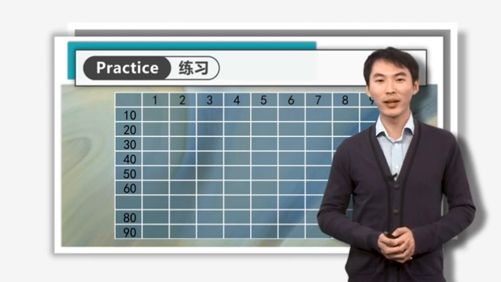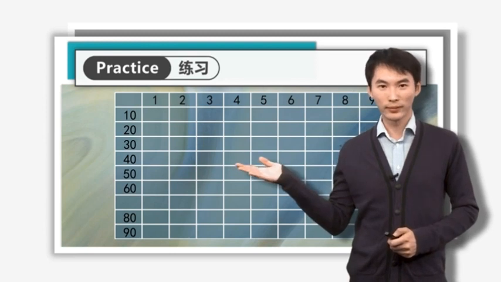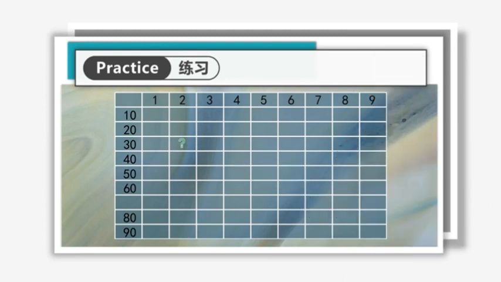Now, let's play a game. Please read the number according to what you see. Number 1. What's this number? Very good. 32. Number 2. What's this? Very good. 70.